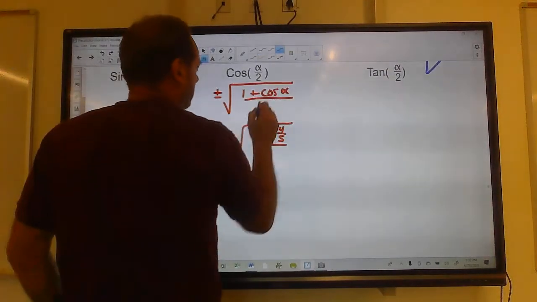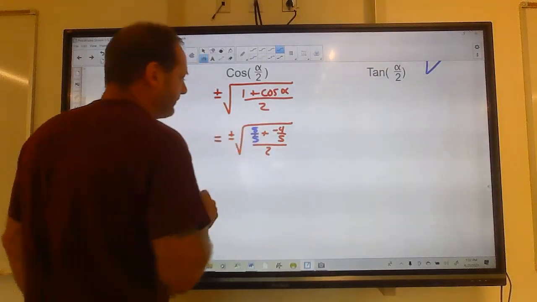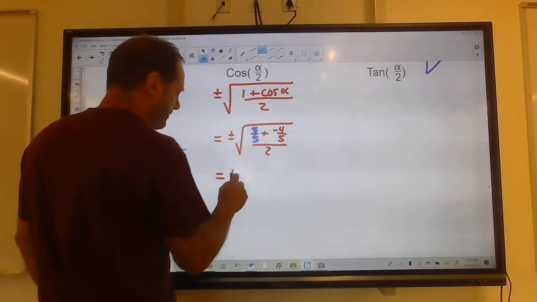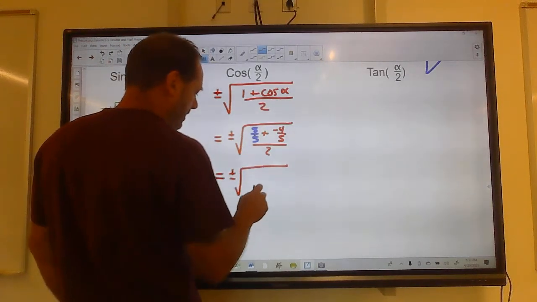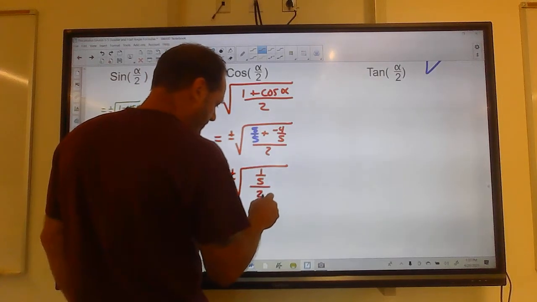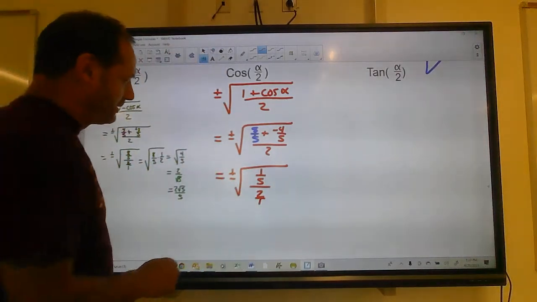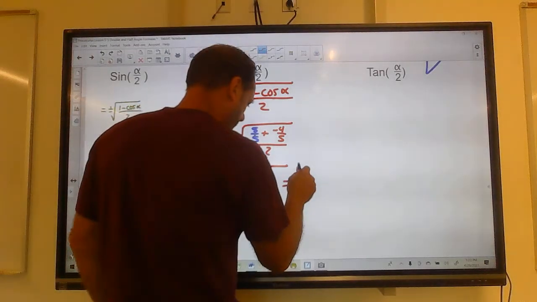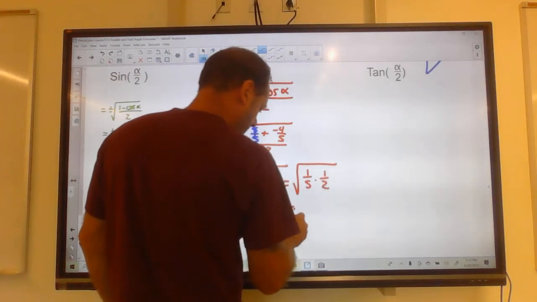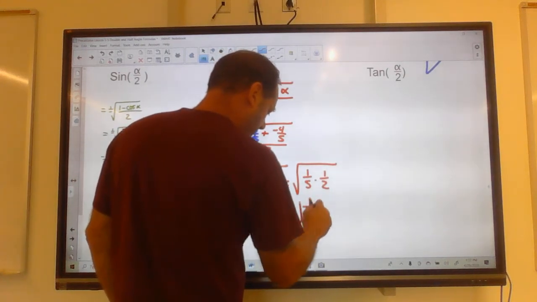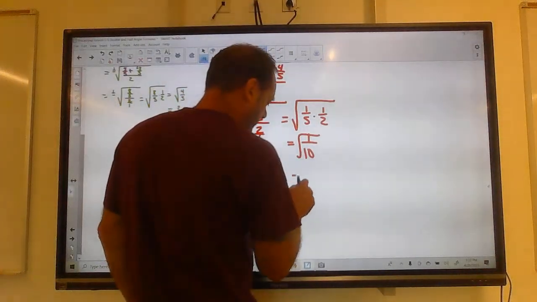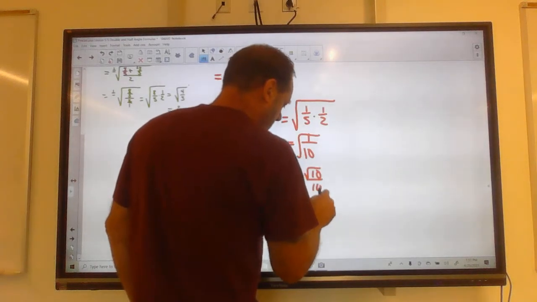And again, we're going to change this to 5/5, so we can get a common denominator. So this is plus or minus the square root of 1/5 over 2 over 1. And we're going to invert and multiply. So that's 1/5 times 1/2, which is the square root of 1/10, which is just 1 over the square root of 10, which we rationalize, and we're going to get square root of 10 over 10.